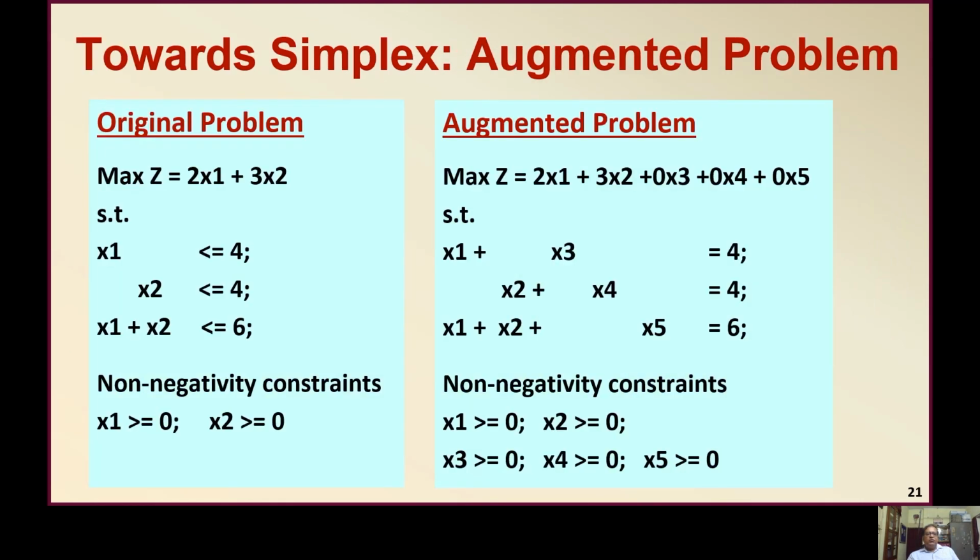Thereafter, what we did, we wrote the augmented problem by turning the inequalities into equalities, by adding more variables, and those variables are added in such a manner that they are in a canonical form. What is the canonical form? The variables that we have added, the slack variables, are added one at a time.